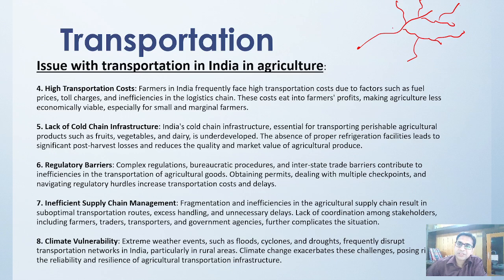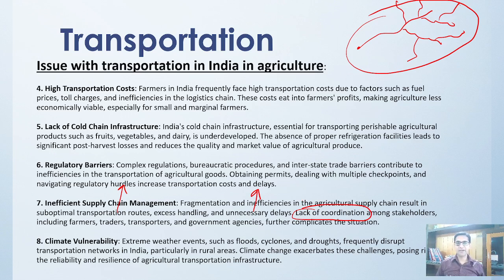But because this whole process of supply chain management is not running properly, it leads to an increase in transportation cost. It increases unnecessary delays, because there is a lack of coordination, whether it is the farmer, the trader, the transporter or the government. There is a total lack of coordination.